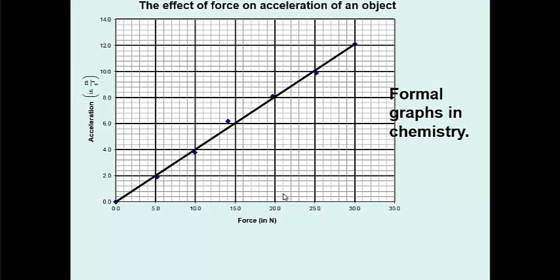Now, titles need to clearly indicate the effect the independent variable has on the dependent variable, if there is an independent variable. There are sometimes graphs for which you really don't have independent variables because one thing is not causing the other. But in most labs we will have an independent variable if we're going to be doing a graph.